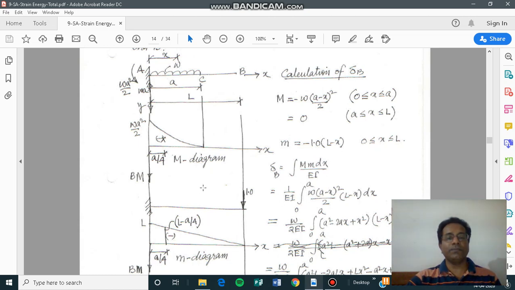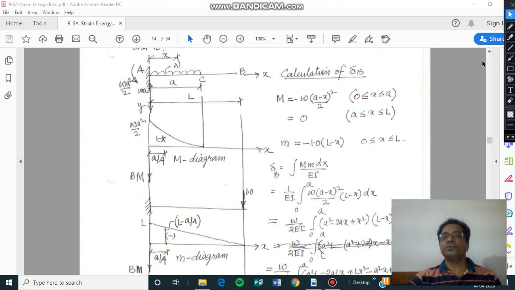If I take this as the point where I would like the bending moment, at any distance x, and the origin is A, so this distance is x. Now what is the bending moment here? Let me show you how I am getting it.